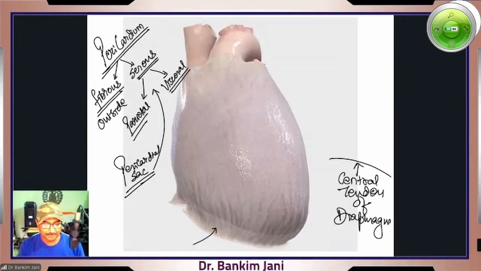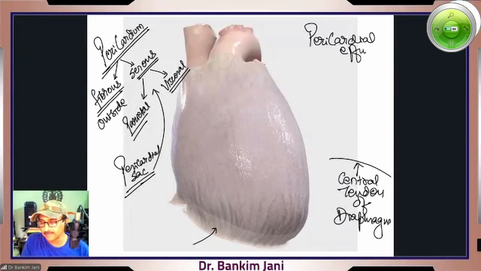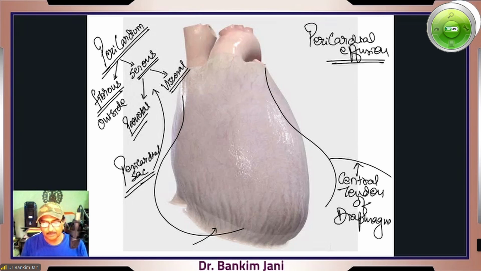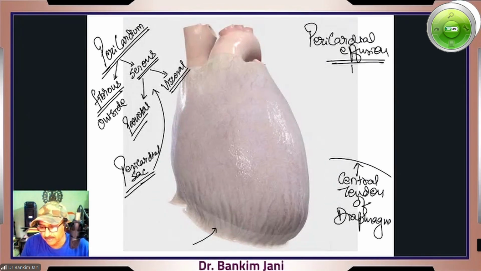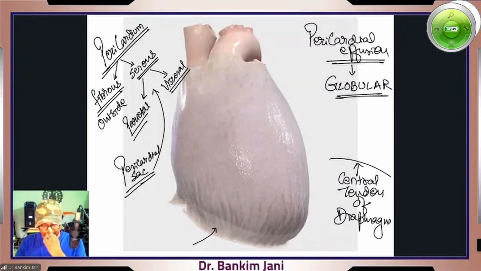So when we use the word pericardial effusion, and in pericardial effusion, as we just saw in the last sessions, the heart becomes globular, like this. It has to be, because when there is more fluid, the fluid will take that shape. So that's why the heart becomes globular. Remember the word globular. We'll be watching several such radiographs as we discuss this condition in particular, pericardial effusion.